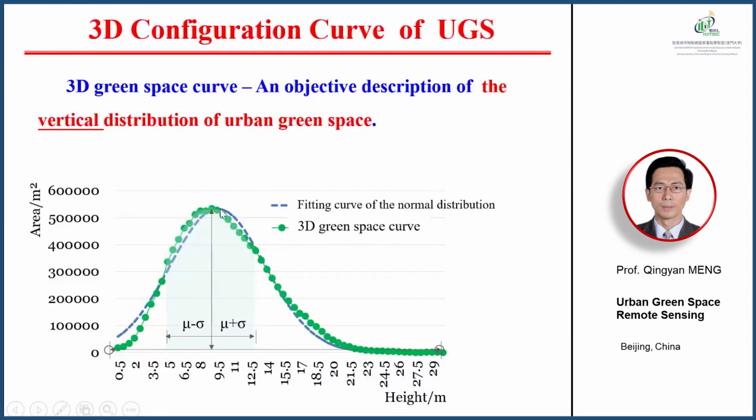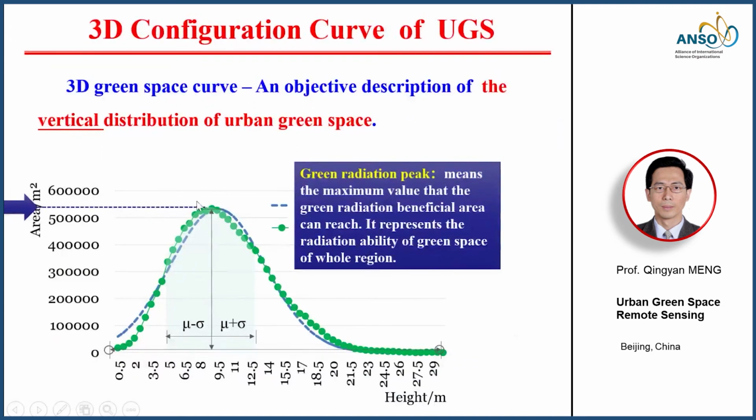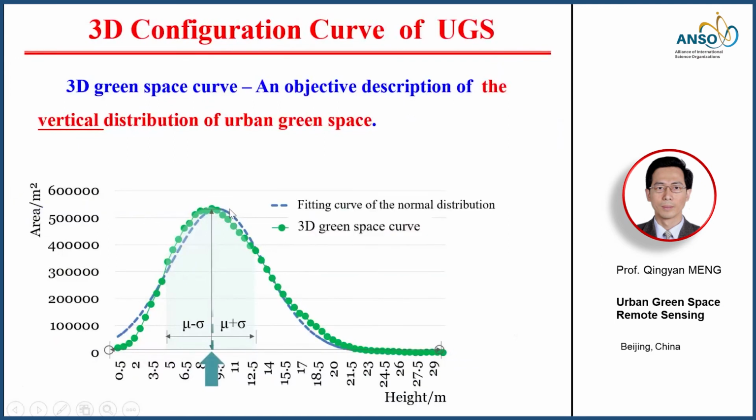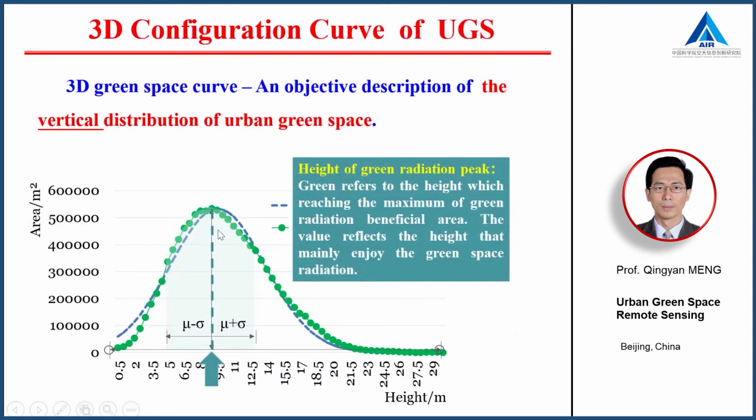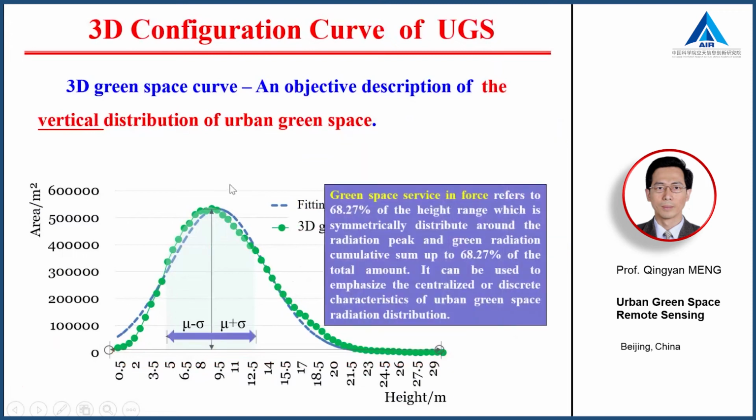And then the three-dimension green space curve is an objective description of the vertical distribution of the urban green space. From it, we can know where is the green radiation peak, what is the height of the green radiation peak, where is the green radiation range, and where is the green space surface.